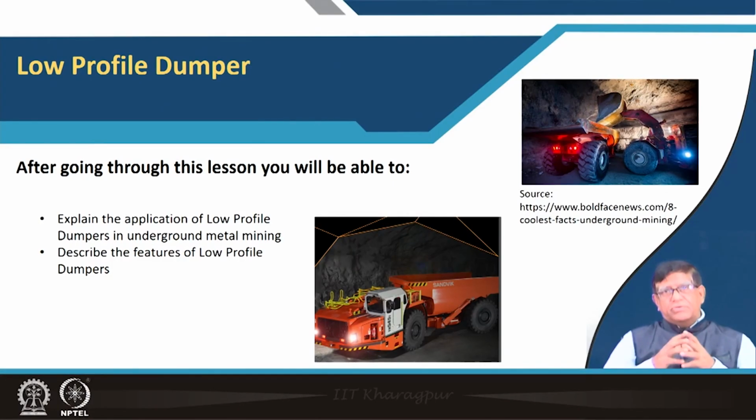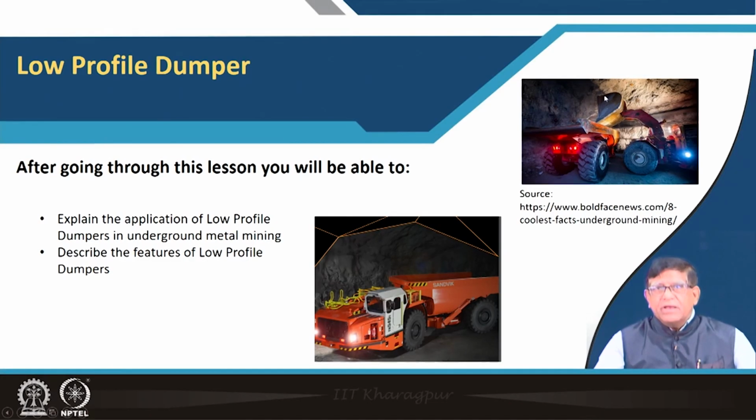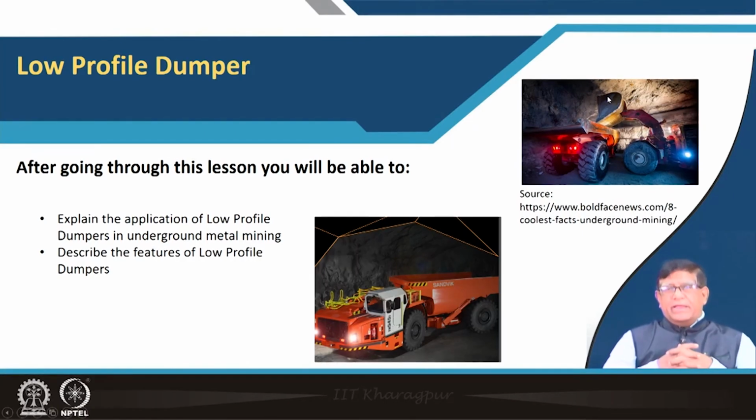Regarding the dump trucks used in open cast mines, we discussed earlier their operations and other principles. In underground mining, the dumper is loaded by a loader called a side discharge loader, or it can be a load haul dumper, that is, SDL and LHD. These two machines operate in combination with this low profile dumper.